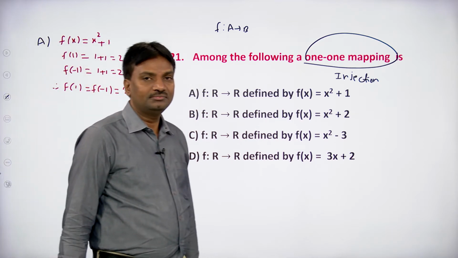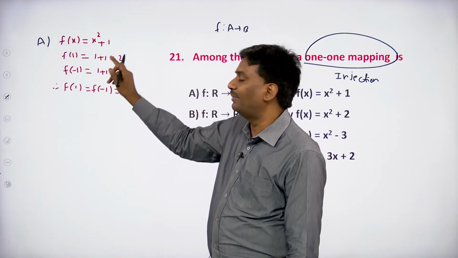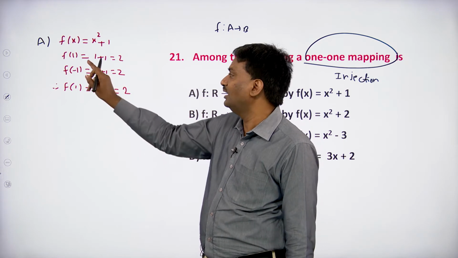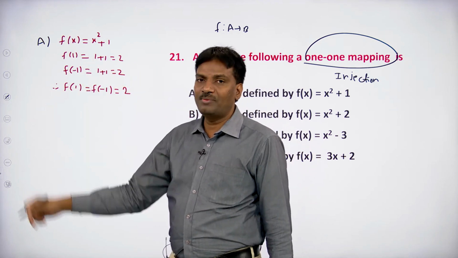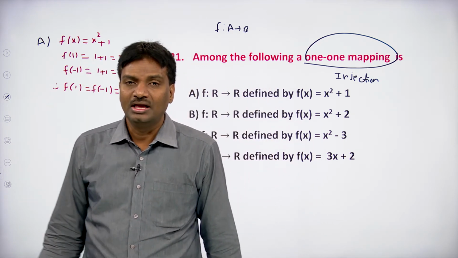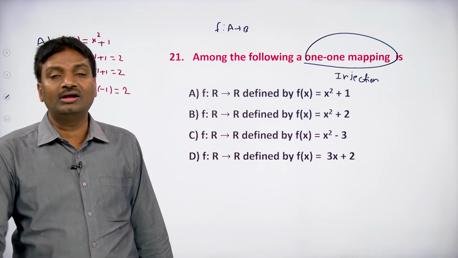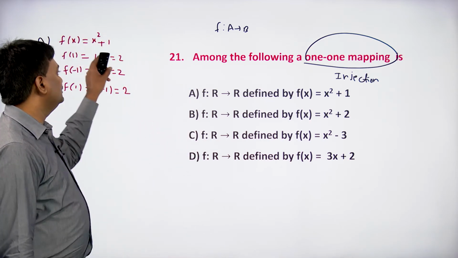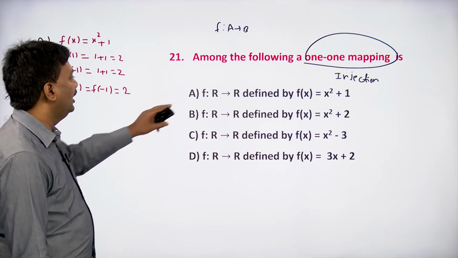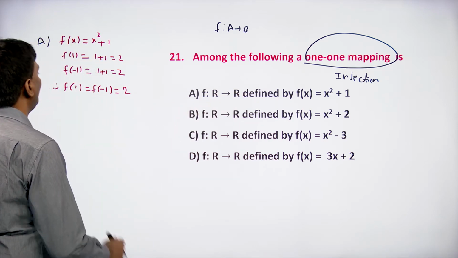We are taking 2 different elements, but after simplification we have the same image. So, f maps R to R defined by f of x equal to x square plus 1 is not a 1-1 function.